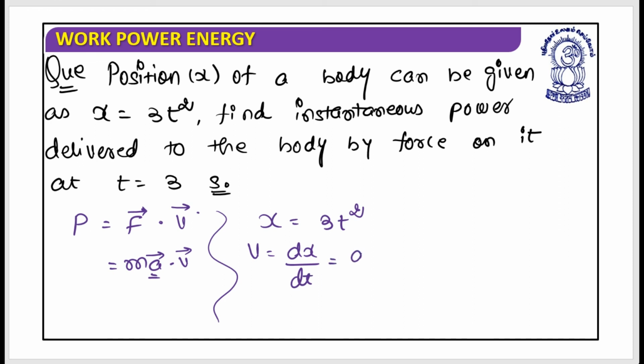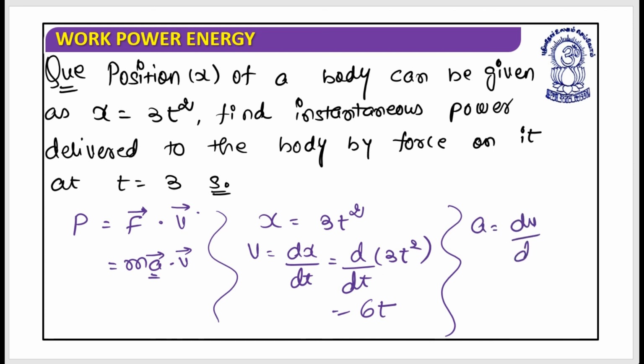It's dx by dt, so this is d by dt of 3t square, which should be equal to 6t. What I want is acceleration. So acceleration, again, is dv by dt, that is d by dt of 6t, which is equal to 6. So acceleration is fixed, which is 6 meter per second square.